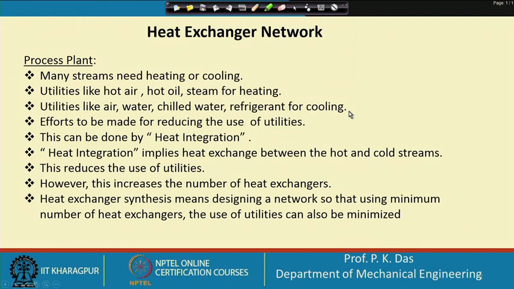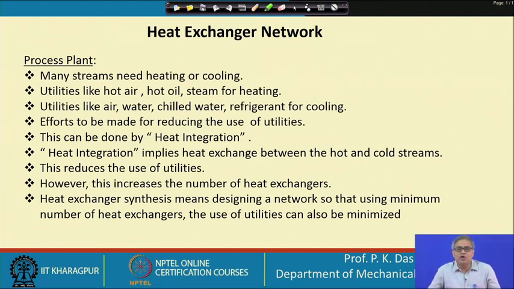Heat exchanger network. What is a heat exchanger network? Consider a process plant, many streams need heating or cooling. Let us say a petroleum refinery, where we have to go for fractional distillation. So, certain streams are to be heated and certain streams are to be cooled.